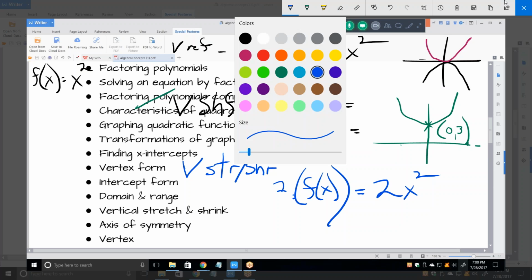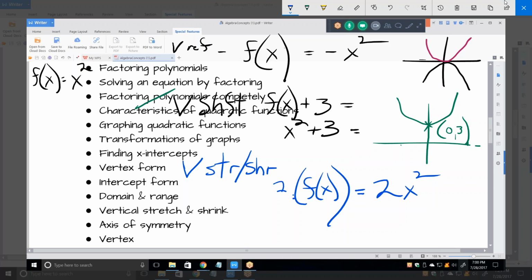You can only do 3 vertical transformations. I mean, I can have different numbers here. Well, not for a reflection. A reflection requires a minus sign. But a shift, notice, does not change the shape, but a stretch does.